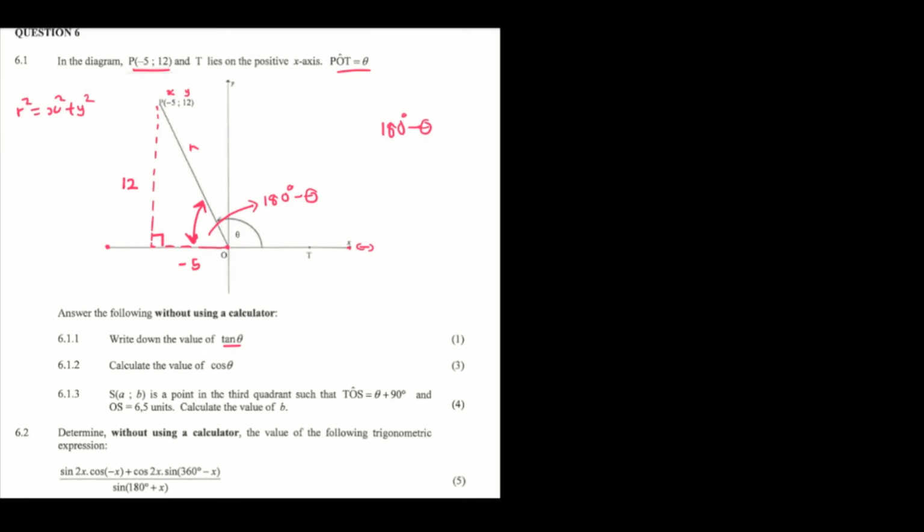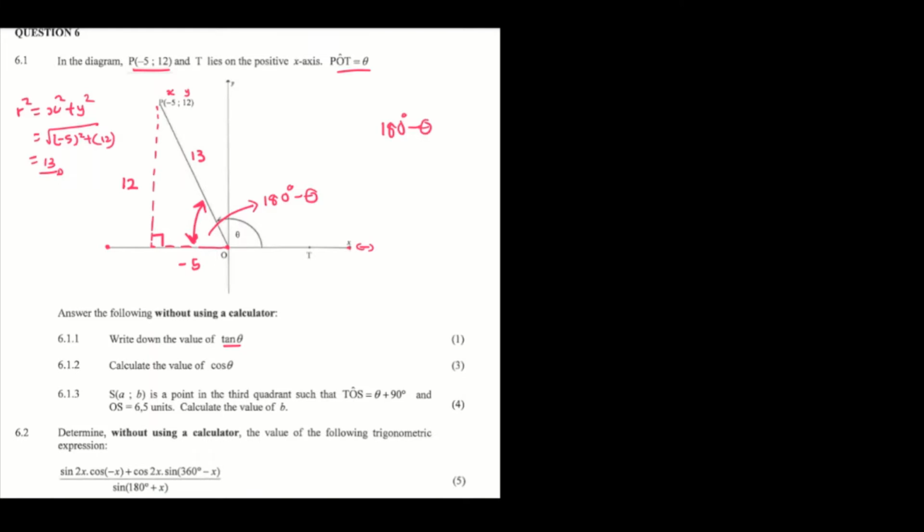So it's our x, which is minus 5, all squared, plus our y, which is 12 squared, and the answer for that is 13. So our r is 13 here. Now we have our triangle which has all the values on it.